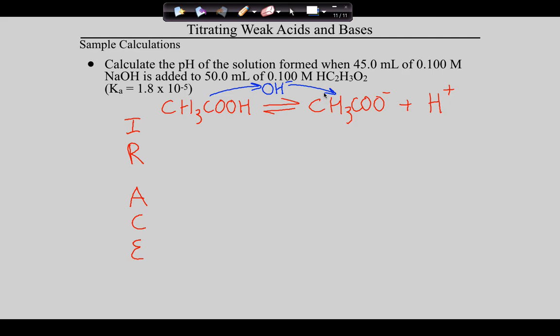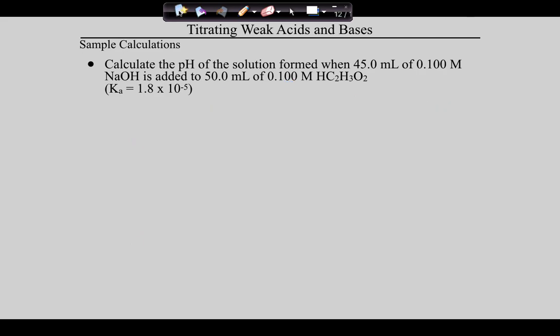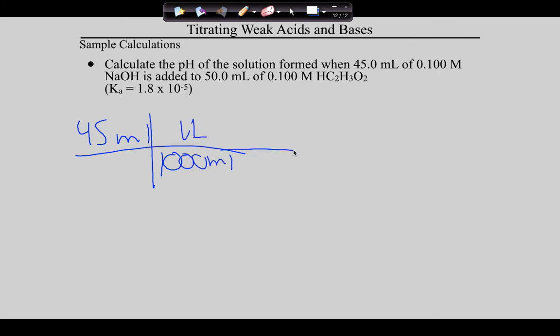So in an ICE box, the beginning of the ICE box, which is just like the math that you did last time, is the strong chemistry. And strong chemistry has to be in what units? Moles. So we need to know moles. And so guys, we do a secondary calculation where we go 45 milliliters, 1,000 milliliters is 1 liter, 1 liter is 0.1 moles, and that would be our NaOH.